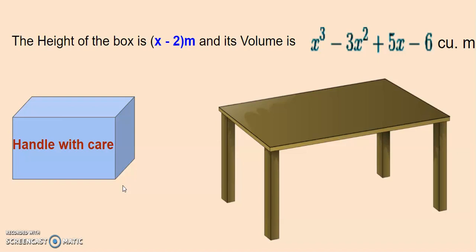Before dividing a cubic polynomial by a linear polynomial in this case, let us just try to recall the ordinary division of numbers which we know. Let us see how to divide 4586 by 12. It's very simple, you know very well.